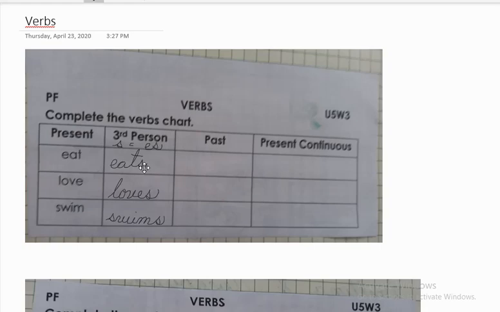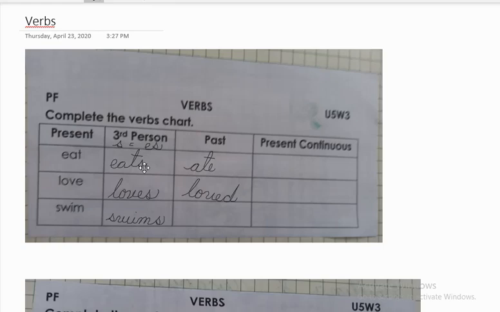Now let's write down the past of these verbs, okay? So it's an irregular verb, so what we have to do is to write ate, okay? It changes, so it's ate. And in the case of love, we only have to add the letter D at the end of the word because this is a regular verb, okay?